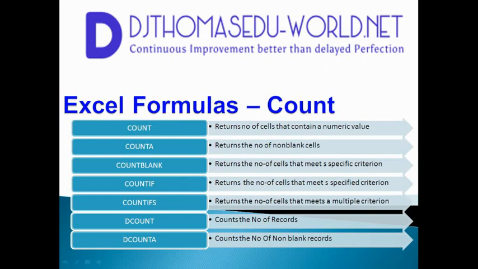Here we can get the real-time application of counting by using different methods of count so that we can shorten our time in counting our objectives. Let's see in Excel how each is individually described.